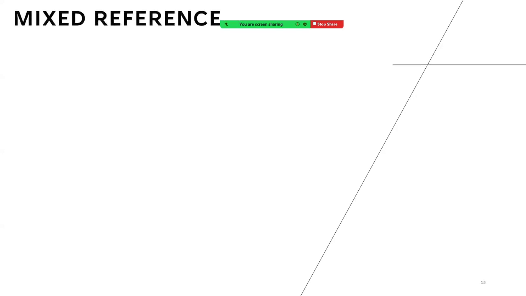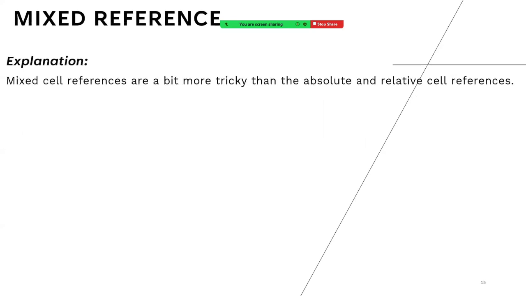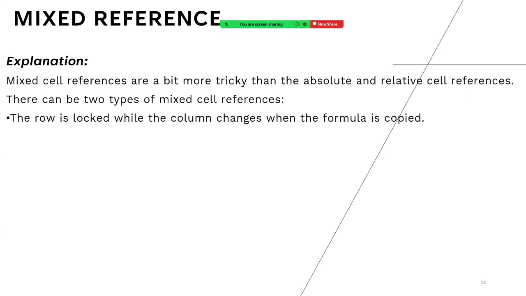Now, what does mixed referencing mean? Mixed cell references are a bit more tricky than absolute and relative cell references. Why? There can be two types of mixed cell referencing. First, the row is locked while the column changes when the formula is copied. That means you have put a dollar sign in front of the row, but whenever you copy the formula, the columns will keep on changing.